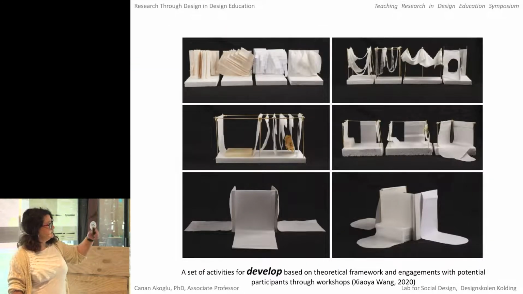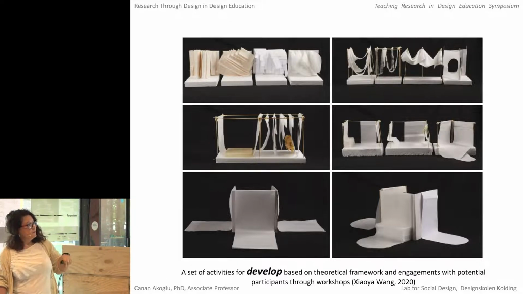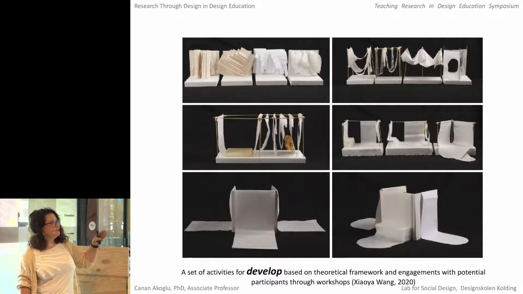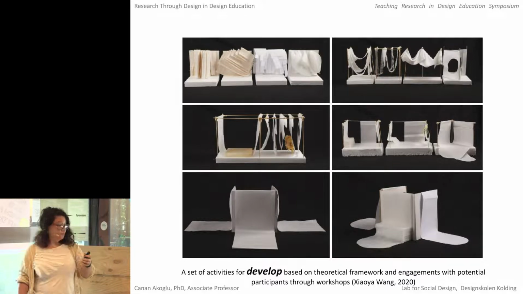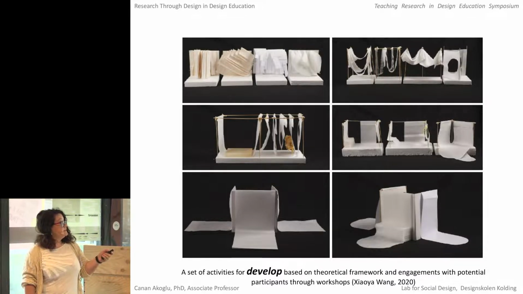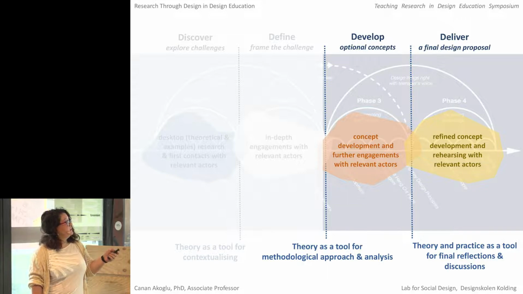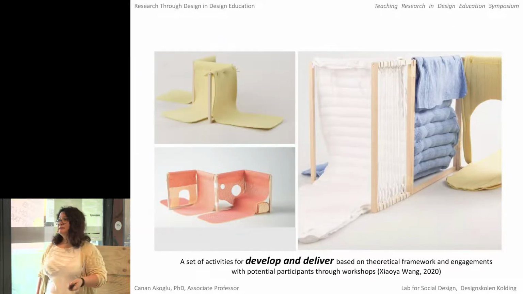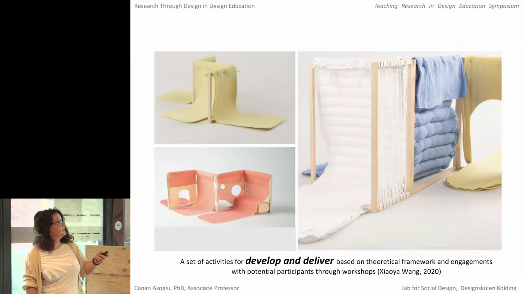And then we see further parts. In this phase, she started to work on her own based on the insights that she got from the participants. She used different types of materials with different types of textures and colors at the same time.